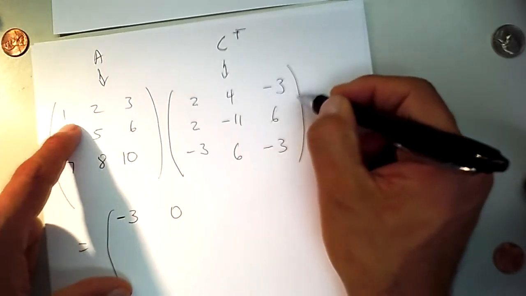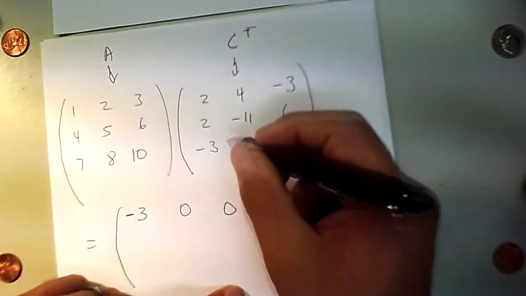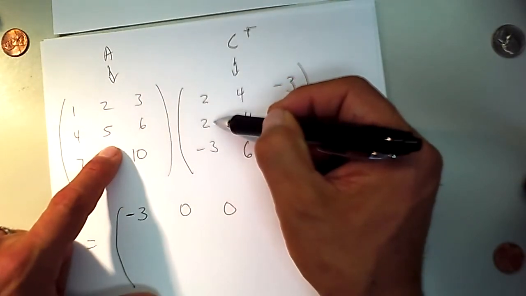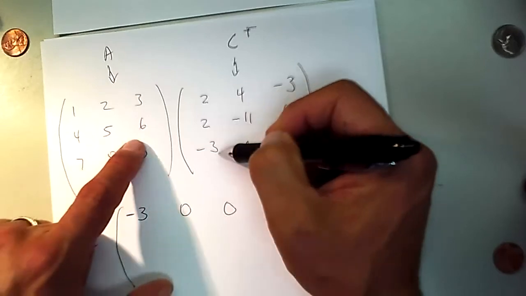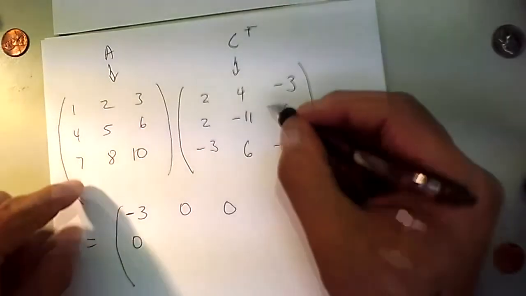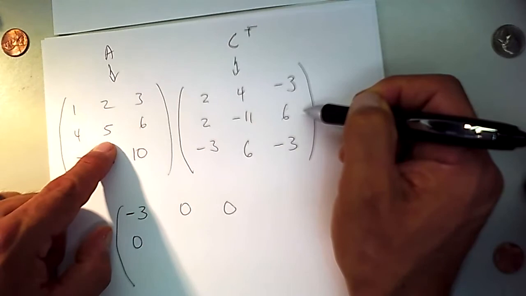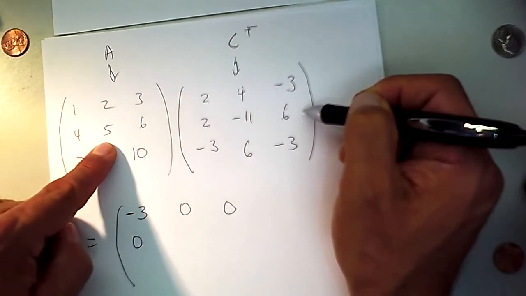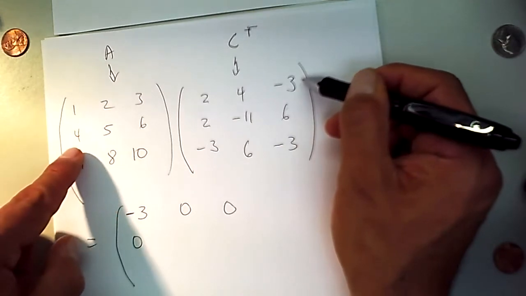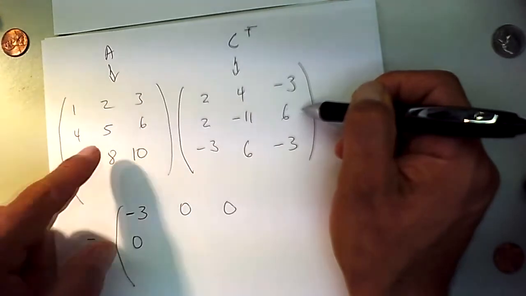Negative 3 plus 12 is 9, minus 9 is 0. 18 minus 18, 0. Negative 12 plus 30.